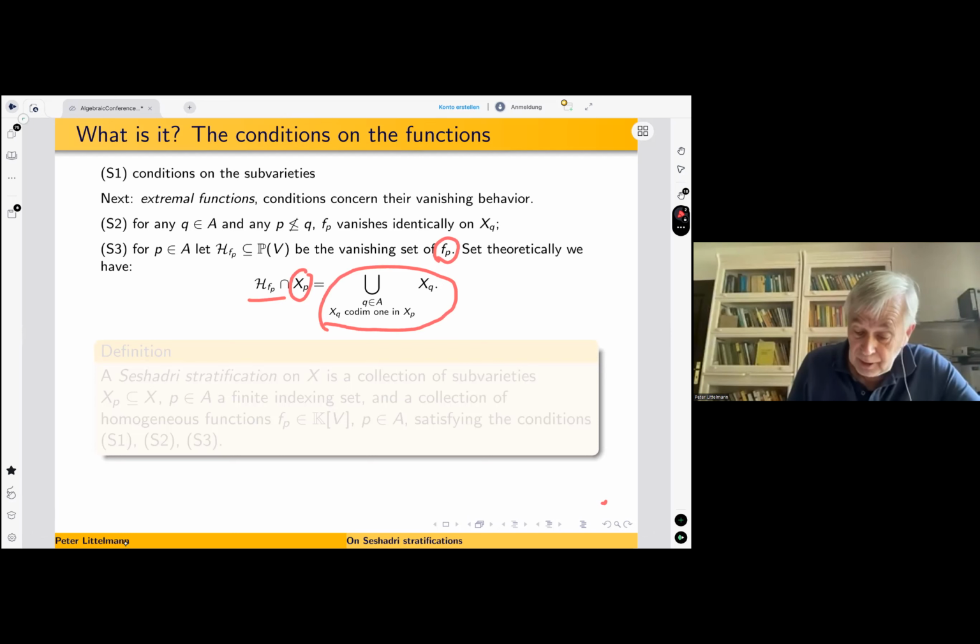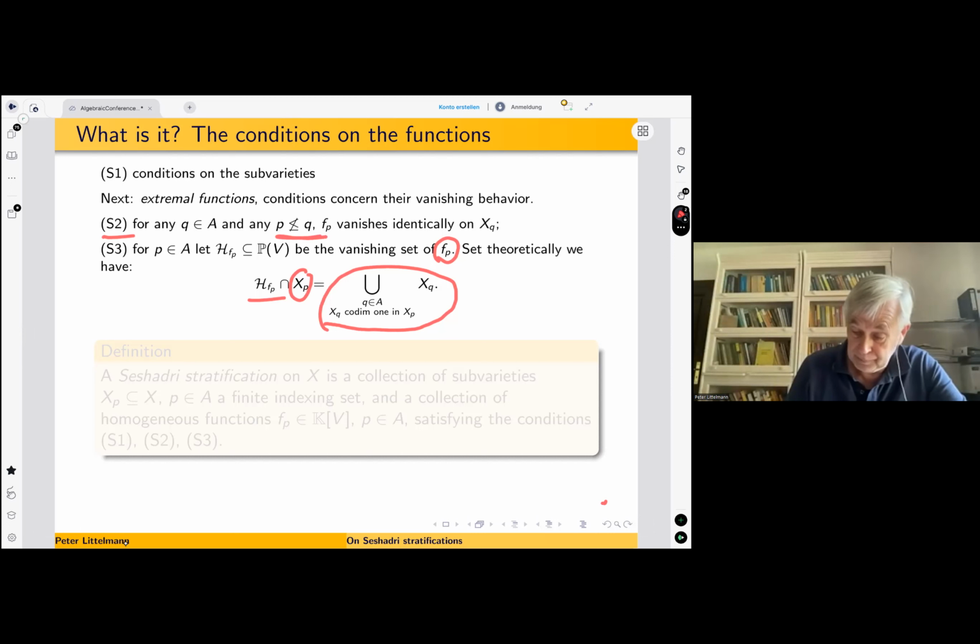Okay, so what does it tell us? First of all, it's a union of divisors, so it means that F_p does not vanish identically on X_p. Secondly, by the second condition, since X_q is of codimension 1 in X_p, we know that these F_p vanish anyway on these. And the condition is that this is, at least set theoretically, exactly the vanishing set of my F_p once restricted to X_p.